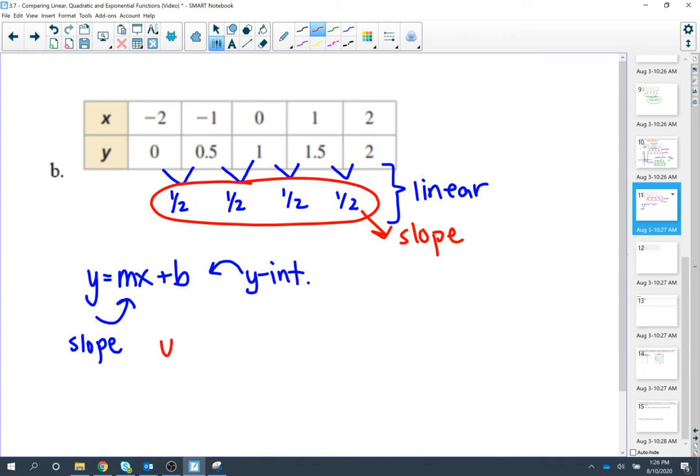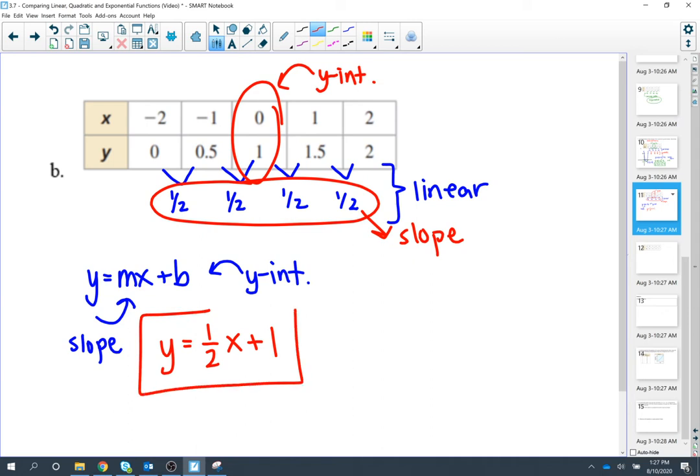So now we've got y equals 1/2 x plus the y-intercept. Where's the y-intercept? It's right here. It's where your x value is 0. So this is your y-intercept. It's at 0, 1, so plus 1, and that is the equation of that linear function.